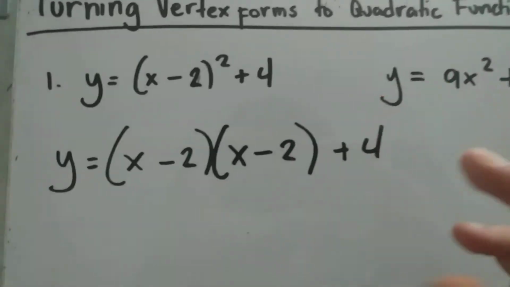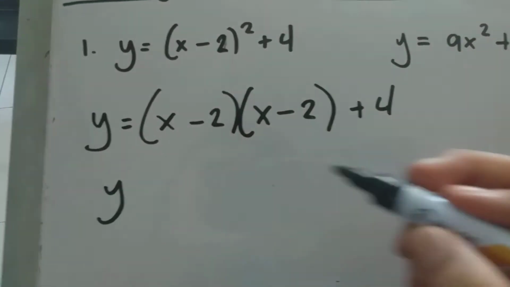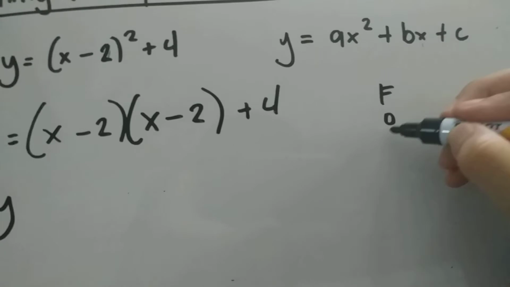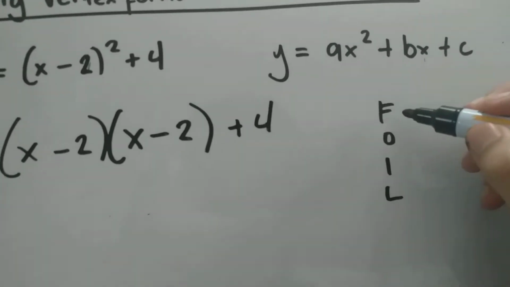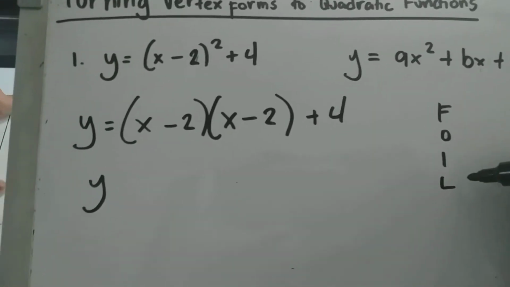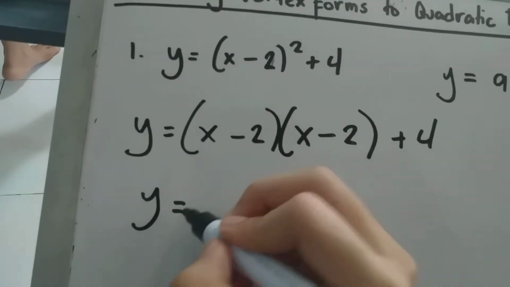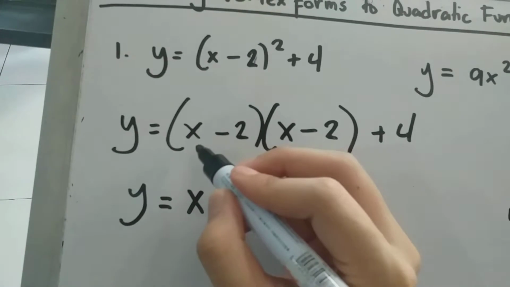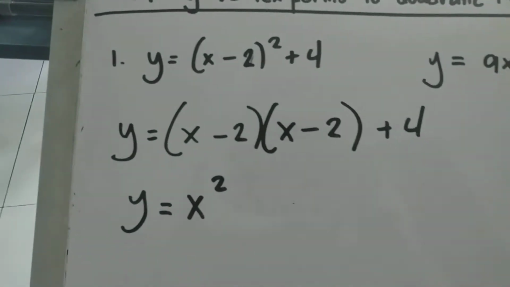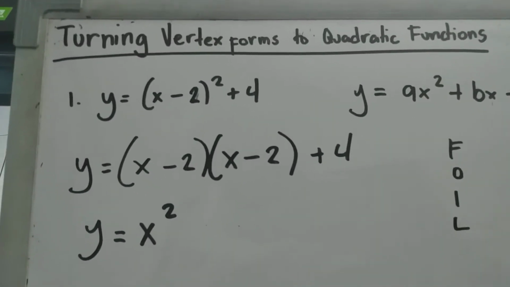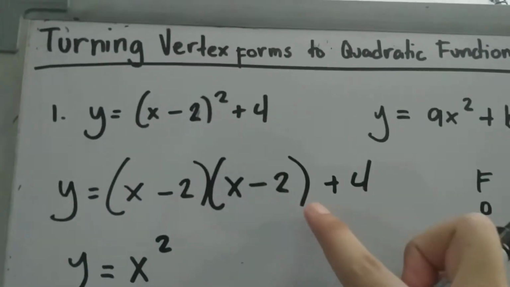After that, again, FOIL. What do we mean by FOIL? First term, outer term, inner term, and last term. First terms are x and x, and x times x is x squared. Then outer terms, x and negative 2.